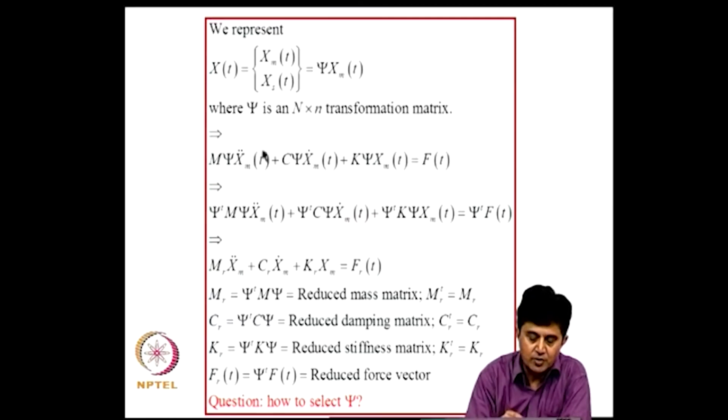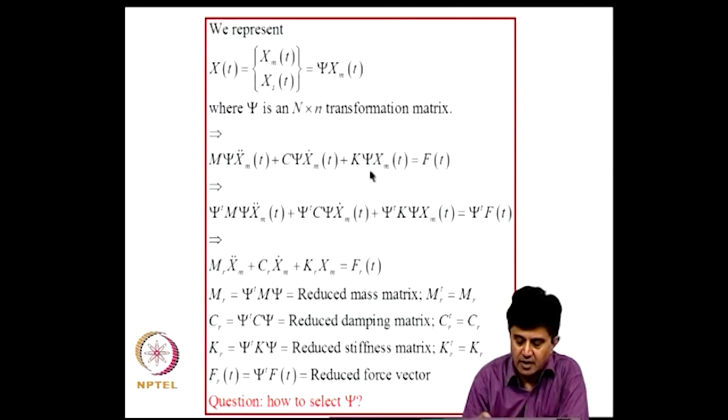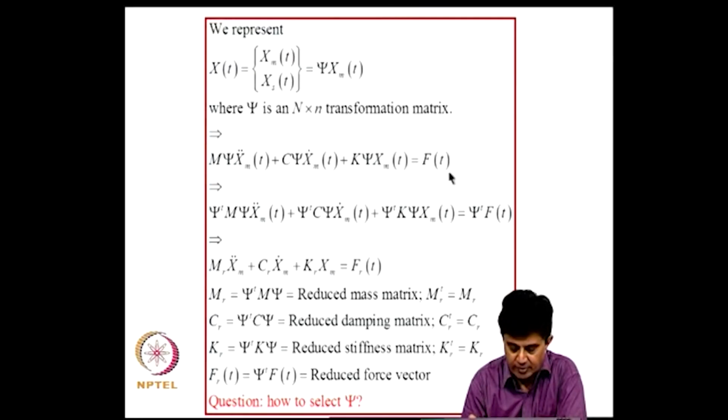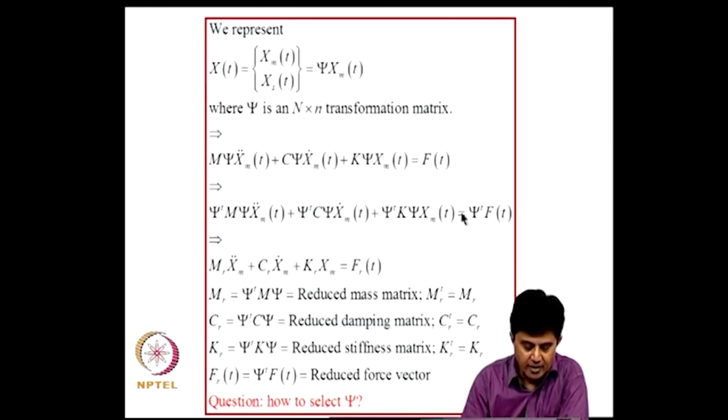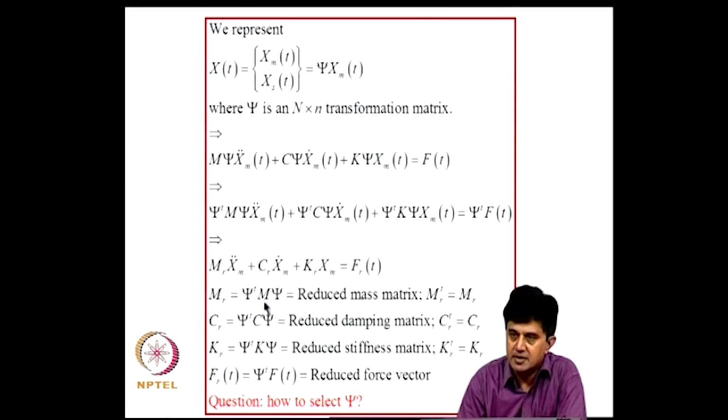So, we can substitute this into the governing equation, we get the equation at this stage in this form, and if we pre-multiply by psi transpose I get an equation of this kind, and I call this M_r, which is psi transpose M psi, the reduced mass matrix. Clearly if you take the transpose of this, since capital M is symmetric, this M_r would also be symmetric.